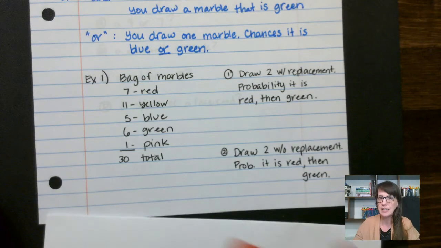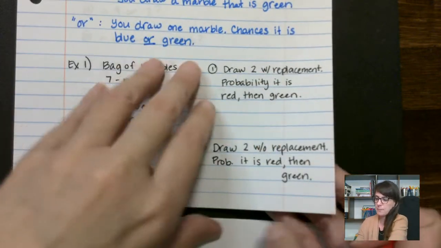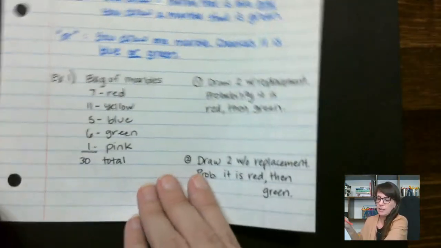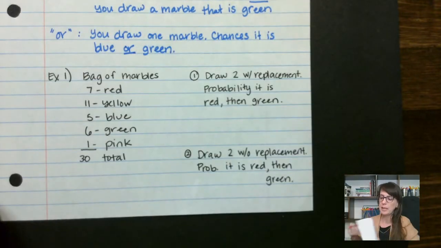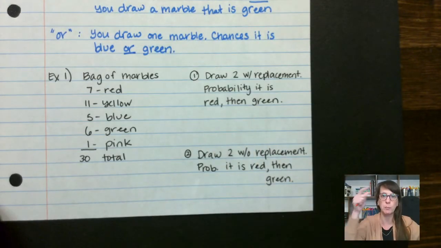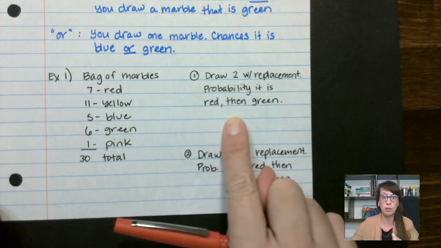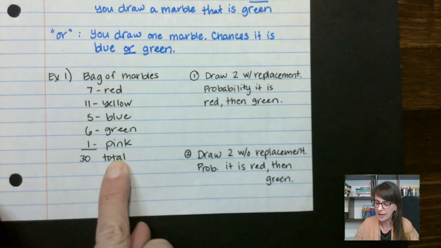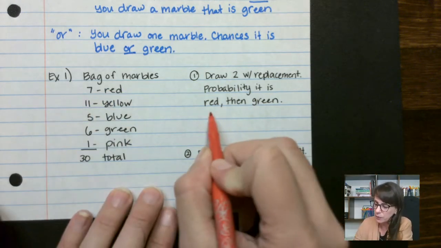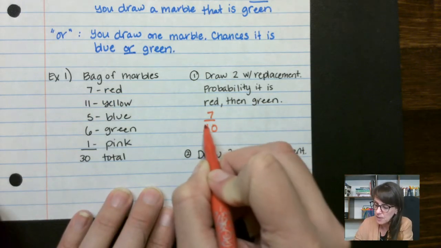Example number one, we have a bag of marbles here. I want to draw with replacement. So we're going to draw a marble, put it back in, and then draw another marble. So the probability we draw a red and then we draw a green. The probability we draw a red would be 7 out of 30 because there's 30 total.